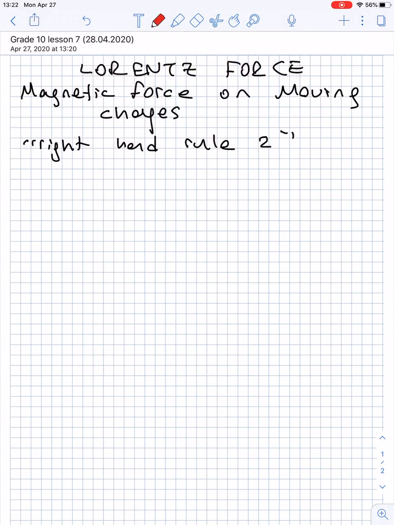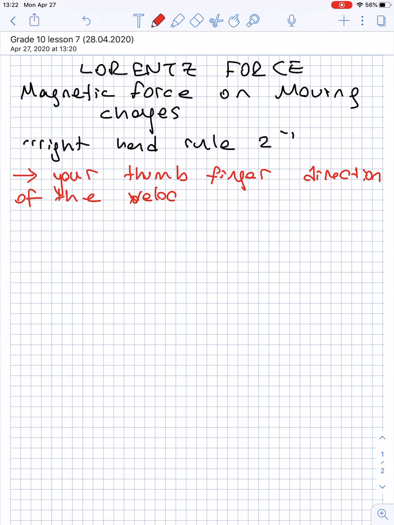What is the right hand rule 2? Firstly, your thumb always shows the direction of the velocity.